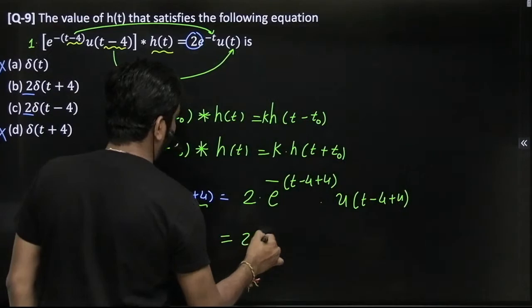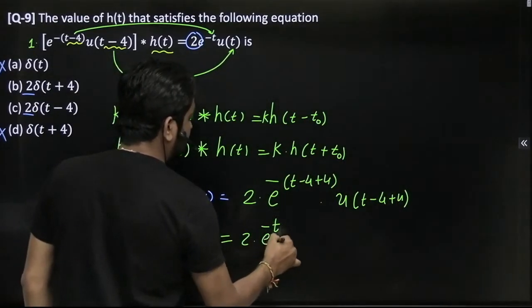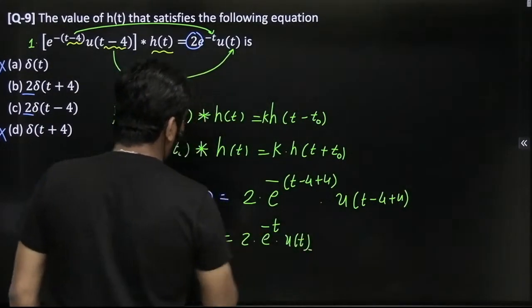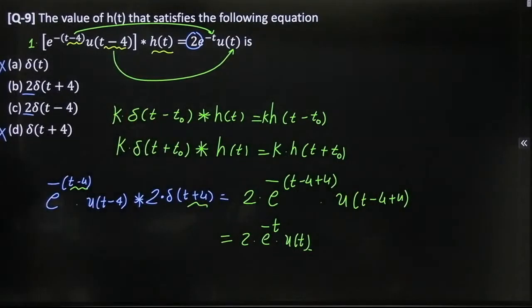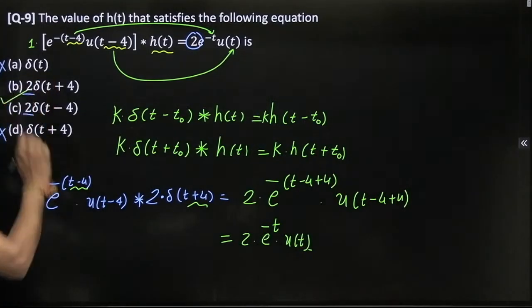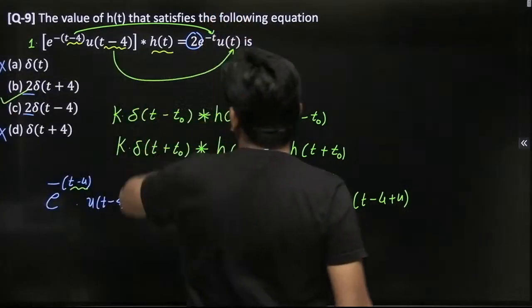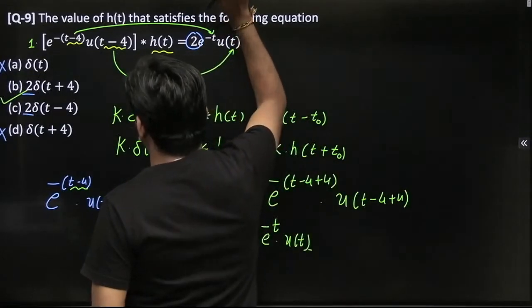So which is equal to 2 e to the power minus t into u of t, correct? So which option should be the correct answer here? Option B should be the right answer of this question, option B, guys, correct?